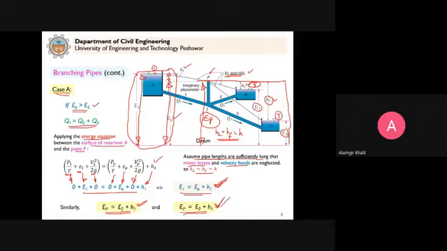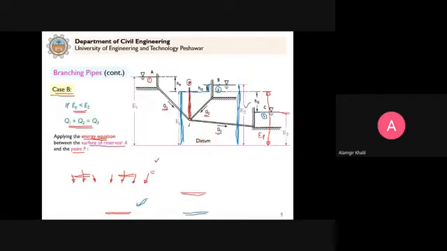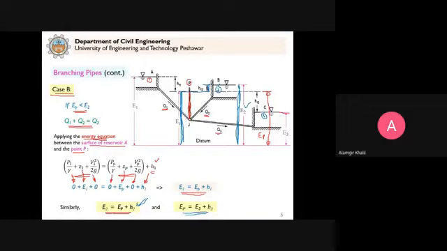When we have EP greater than E2, then EP is equal to E2 plus H2. But in case B, E2 is equal to EP plus H2. This is the difference between the two cases. The rest is the same for case A and case B. The only difference is here.